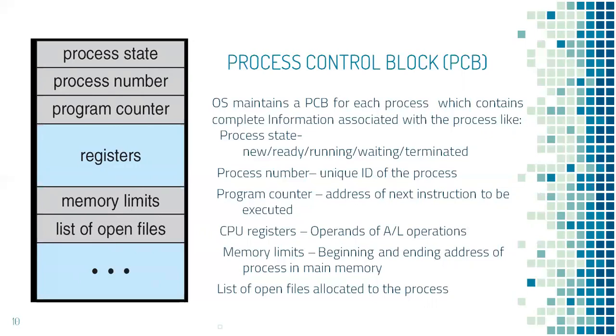The list of open files gives the details of all those files which are allocated to the process. So this is about the process control block. Every process will have a unique process control block representation in the operating system.